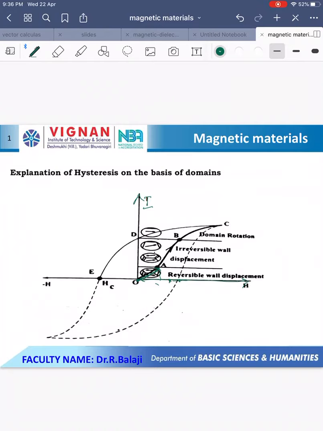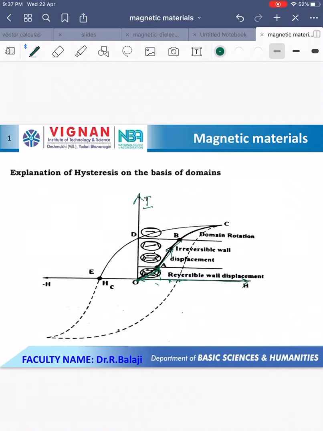When the magnetic field is increased, say in the region A to B, a large number of domains contribute to magnetization, and magnetization increases rapidly with the increase of the magnetic field.